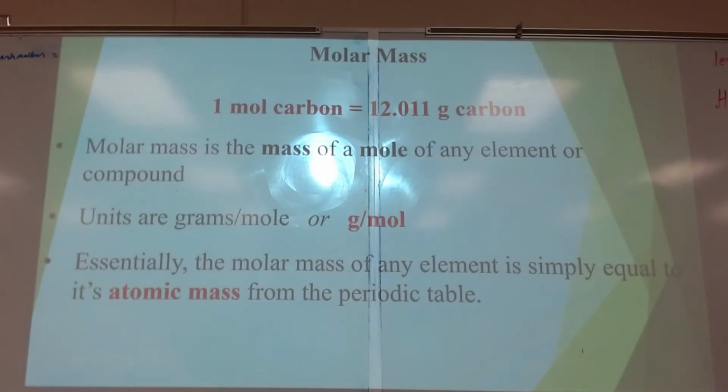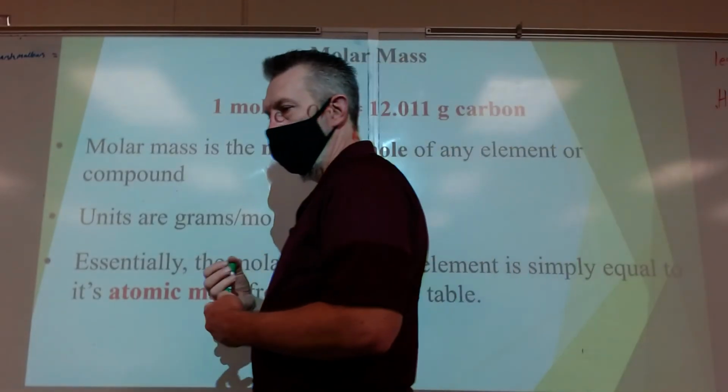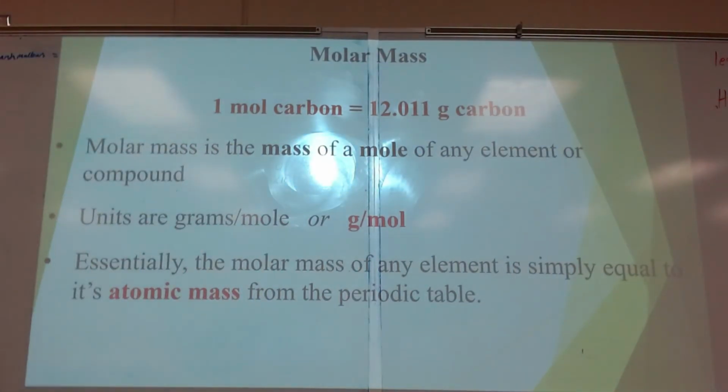So we went over the mass of a mole of marshmallows, right? I figured out how many. So the molar mass of carbon, you can look at your periodic table and find out. If I happen to have a mole of carbon, I have 12.01 grams of carbon. Everybody have a periodic table on your desk?